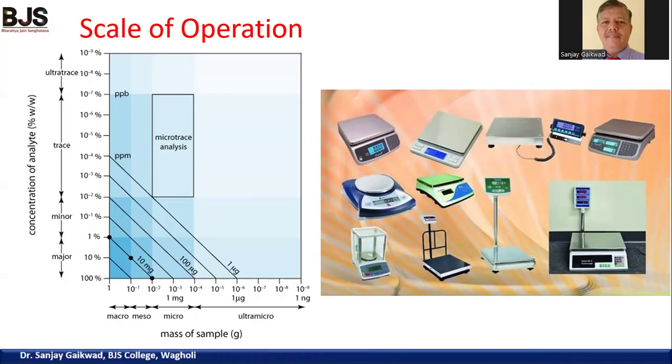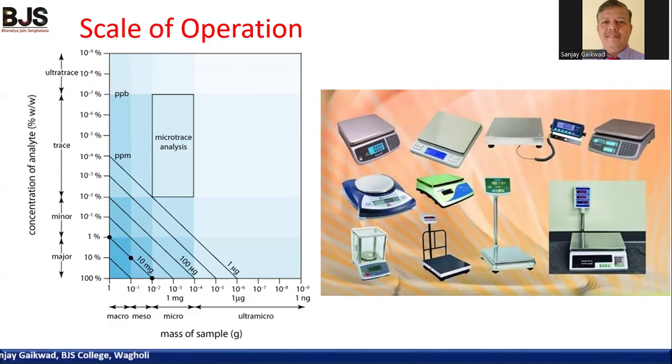If it is at the micro level, then we use minor concentrations of analyte. And if we are using ultra micro, the concentration should be in trace amounts, maybe at the ppm or ppb level. Then it is called ultra micro level analysis.